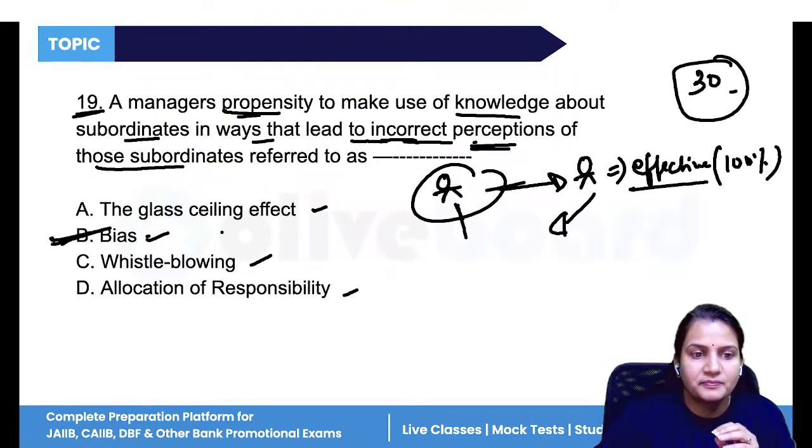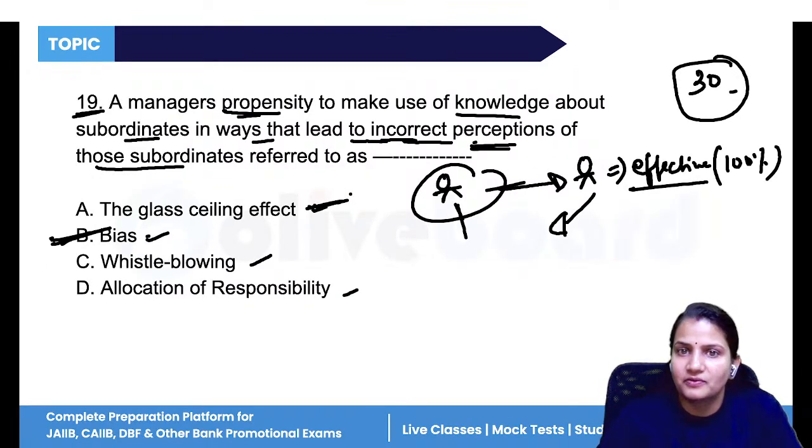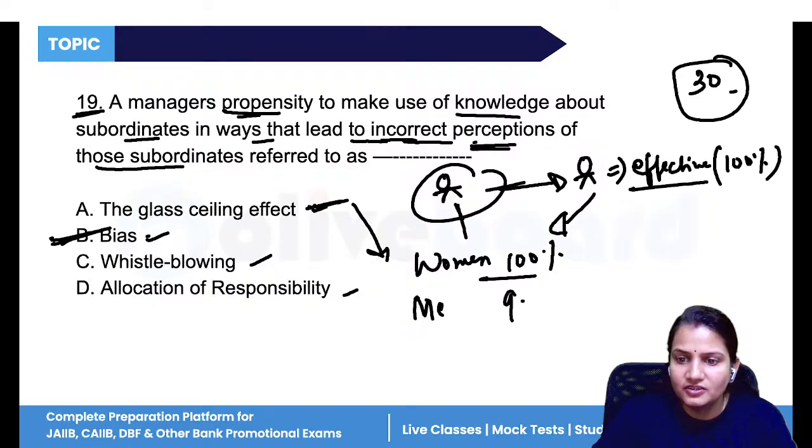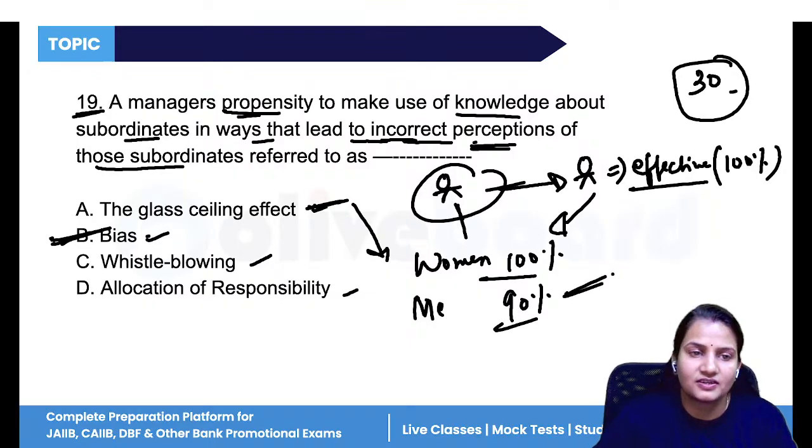All right. Other statements are what? The glass ceiling effect. Now, what is the glass ceiling effect? It is a type of effect that, for example, in many companies it happens that women give 100% in the company, still they are not given that much praise. But if a man has done 90% of the work, still the praise is given to the man.